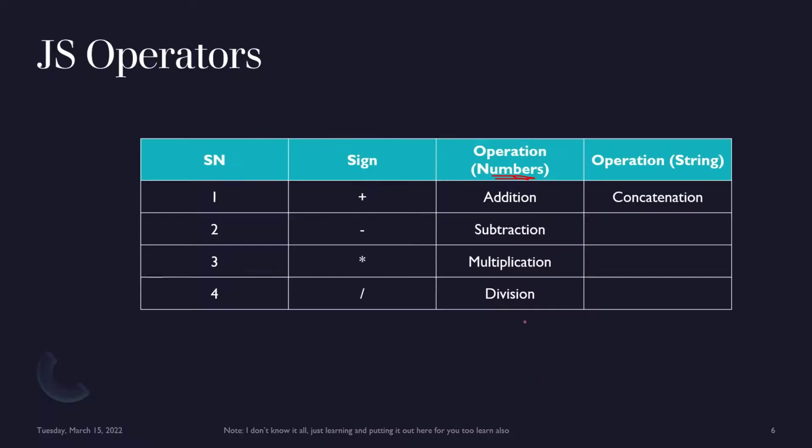So the addition sign for numbers does regular addition, and for strings does concatenation. Concatenation means having a string and adding another string to the end of the first string.